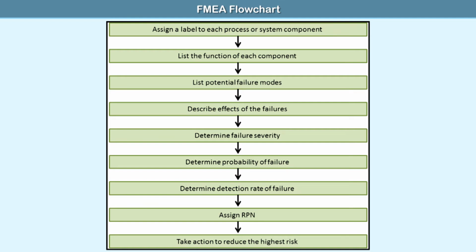Determine probability of failure. Determine detection rate of failure. Assign RPN. Take action to reduce the highest risk. Each component must be labeled so none of them will be overlooked.